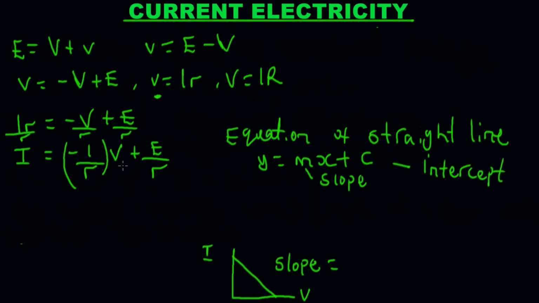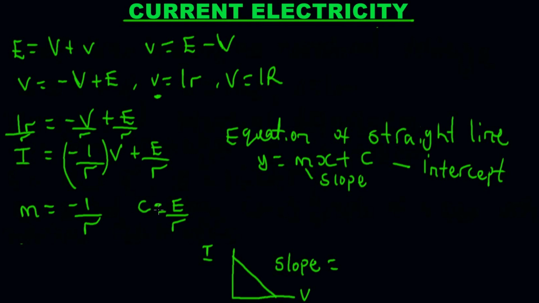Now comparing it, what can we see here? If m is our slope, meaning that m is equal to minus 1 over r in this other equation. You get it? So our slope is minus 1 over the internal resistance. And then we have our intercept to be what? c is equal to E over r.